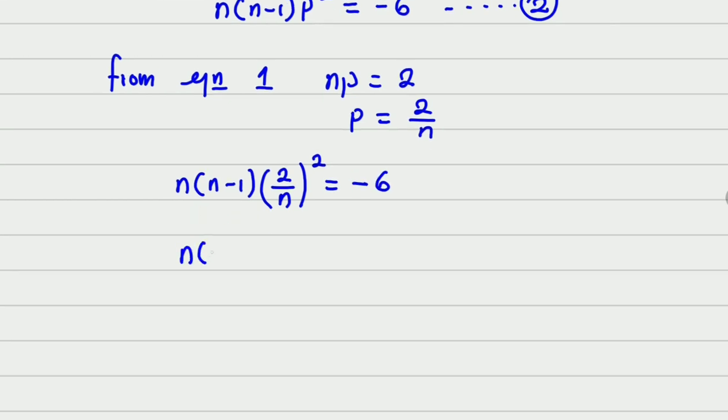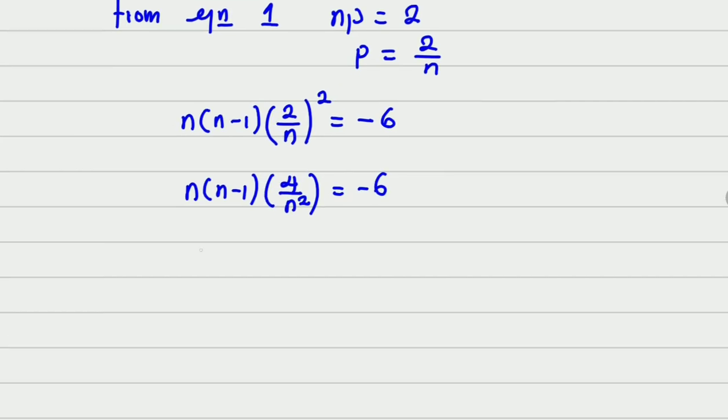Now this is n into n minus 1, then this is going to be 4 over n squared, equal to minus 6. So I have n into n minus 1 times 4, all over n squared, equal to minus 6.